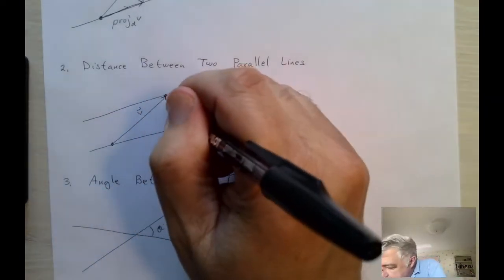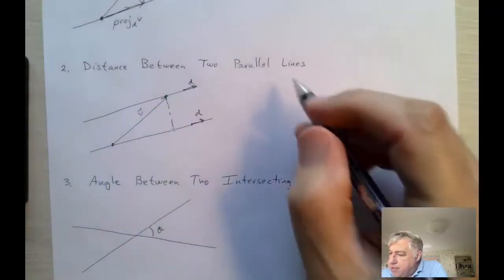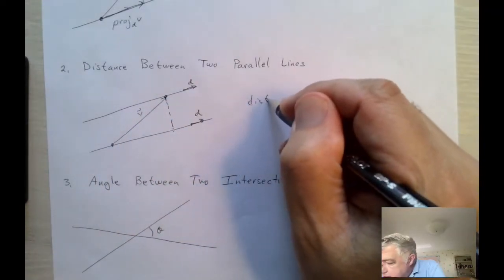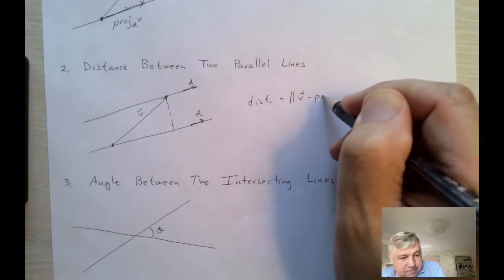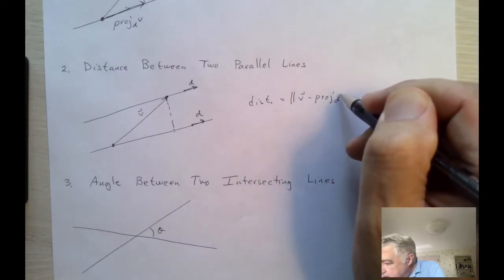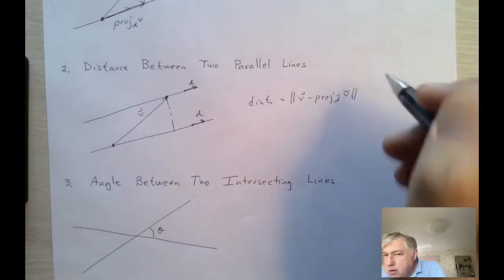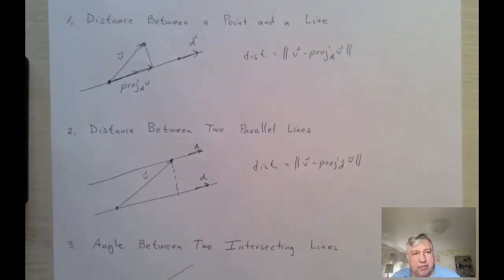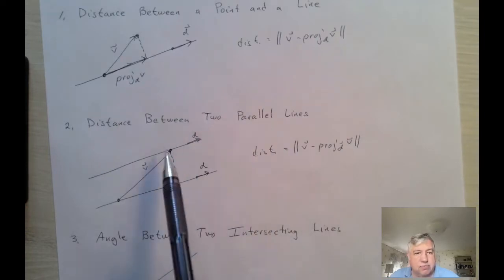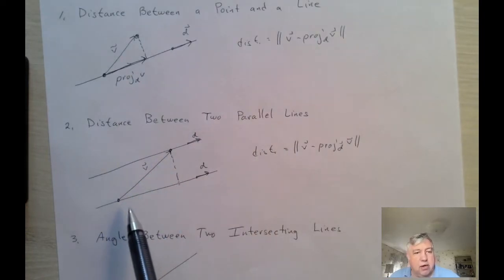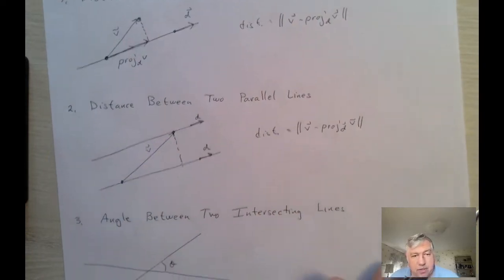And once again, this distance is going to be v minus the projection of v onto d. Okay, we talked about this. Basically, it's the same idea. We're just finding a point on each line.